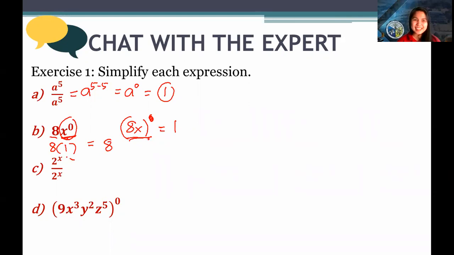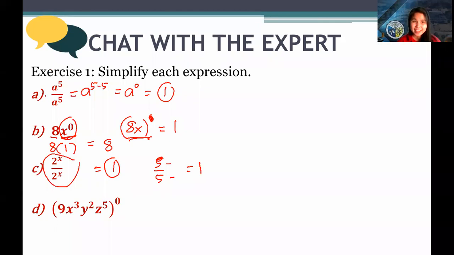The next one, letter c. Ready? In the chat box. Very good, 1. Actually, it's the same as 5 divided by 5. When the numerator and the denominator are the same, the answer is 1.